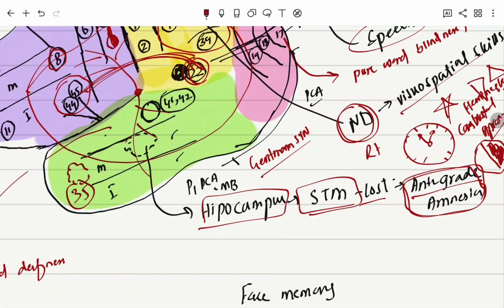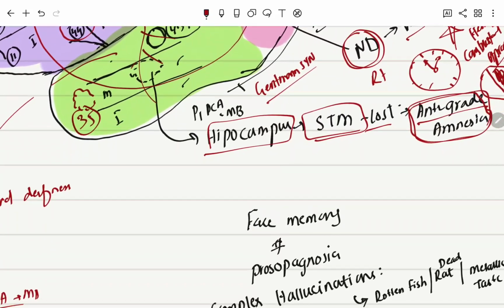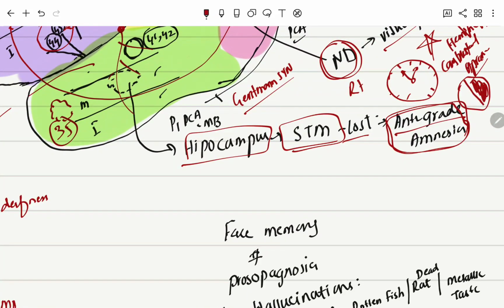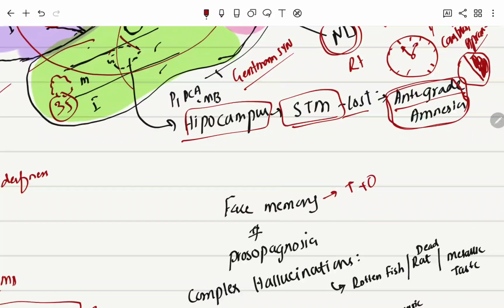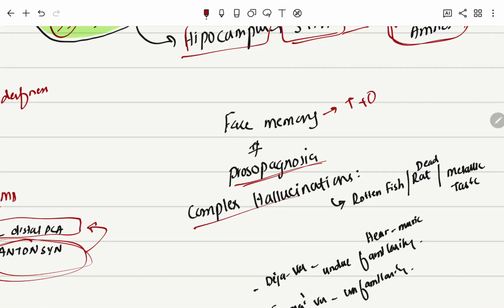We remember people by face. Sometimes we forget their names, but we remember the face. That is a combined function of the temporal plus occipital cortex. When this is impaired, the patient will have features like prosopagnosia and complex hallucinations.